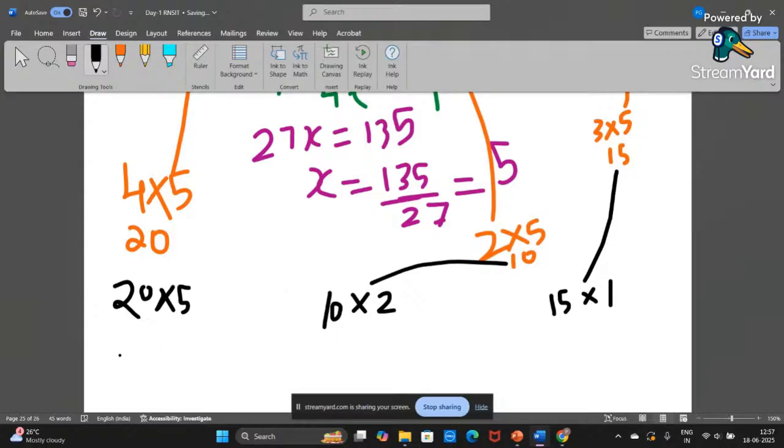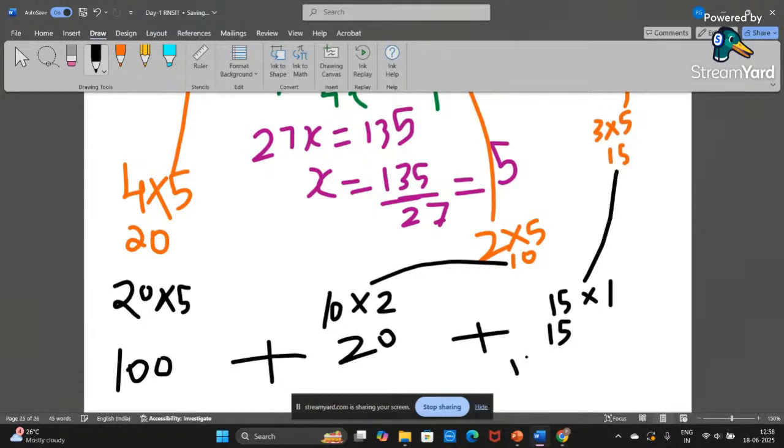So 20 into 5 is 100, 10 into 2 it is 20, and it is 15. Adding all this, we will get 135. So the answer we got for the number of 5 rupee coins is correct. This is how we need to cross verify.